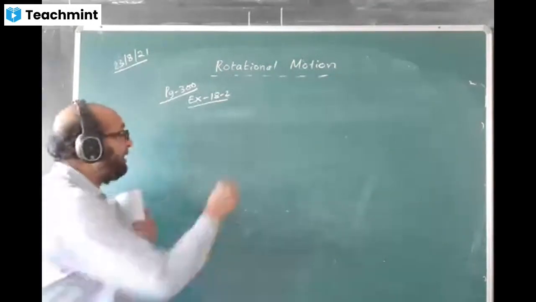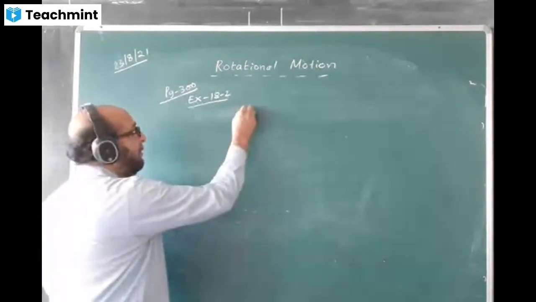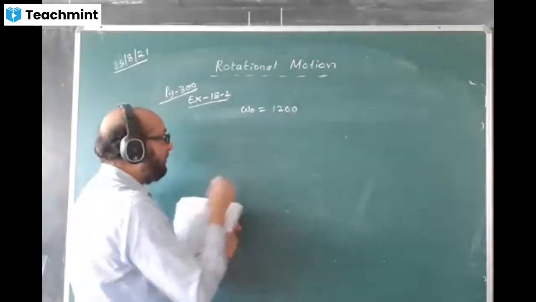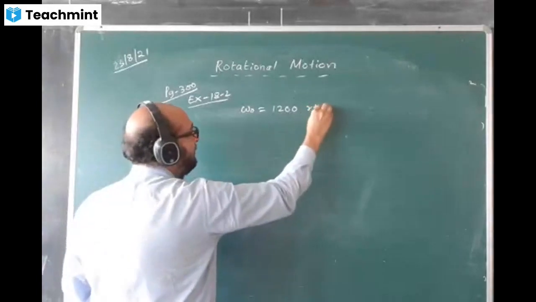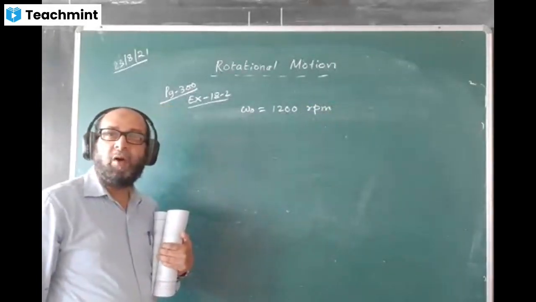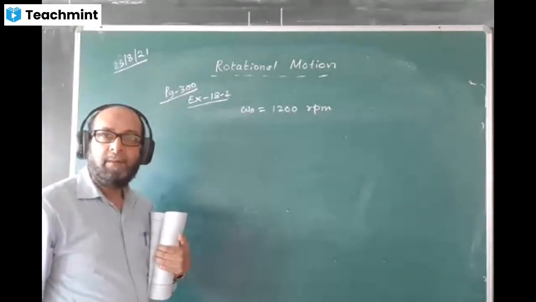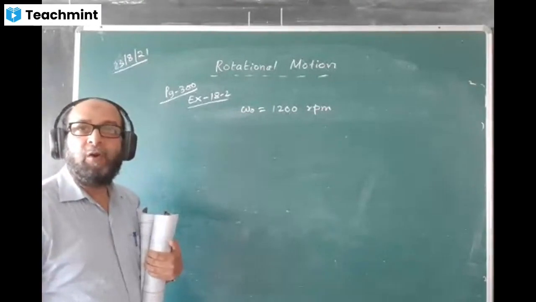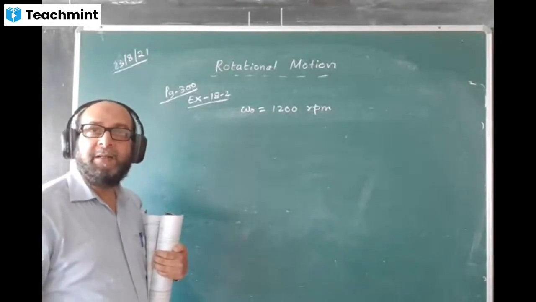Initial velocity is given, omega naught is 1200 rpm. RPM full form is revolutions per minute. It will not be radian per second as given.